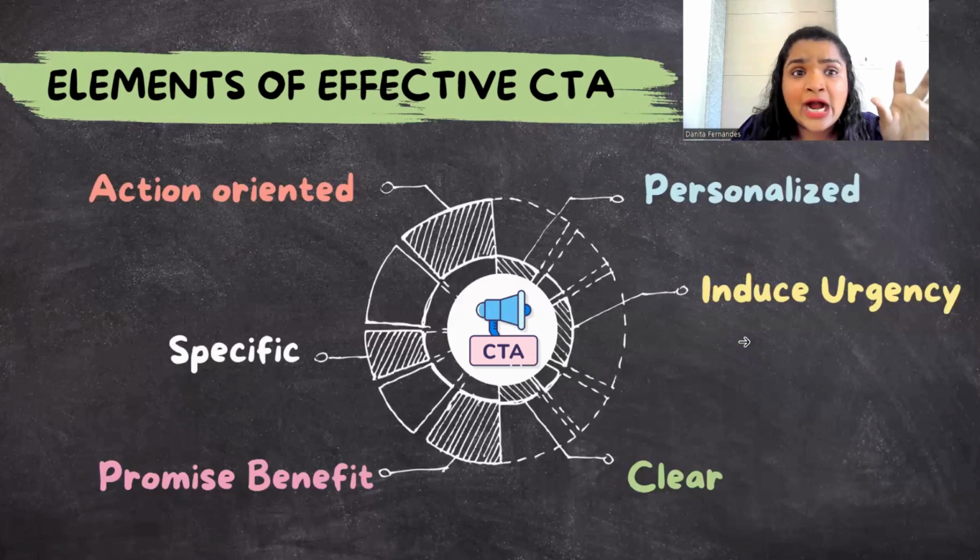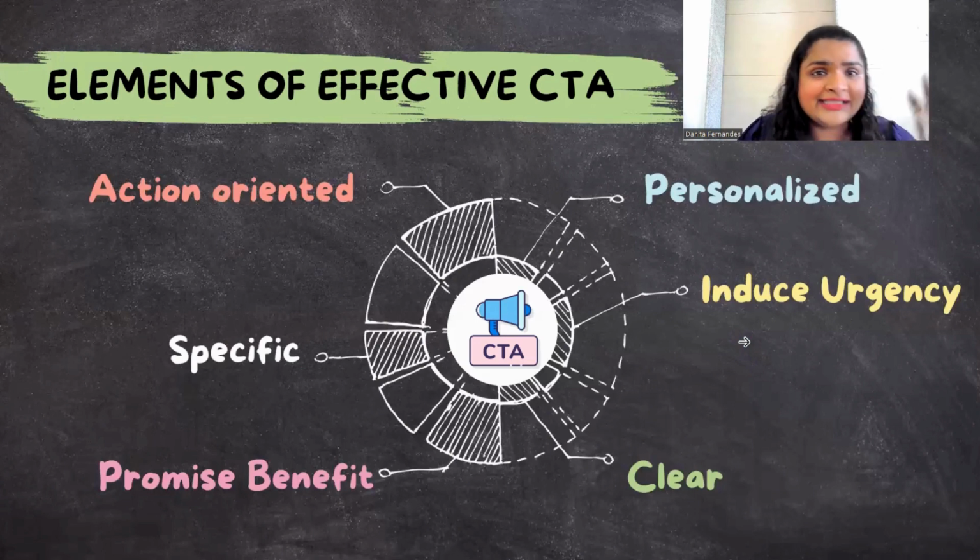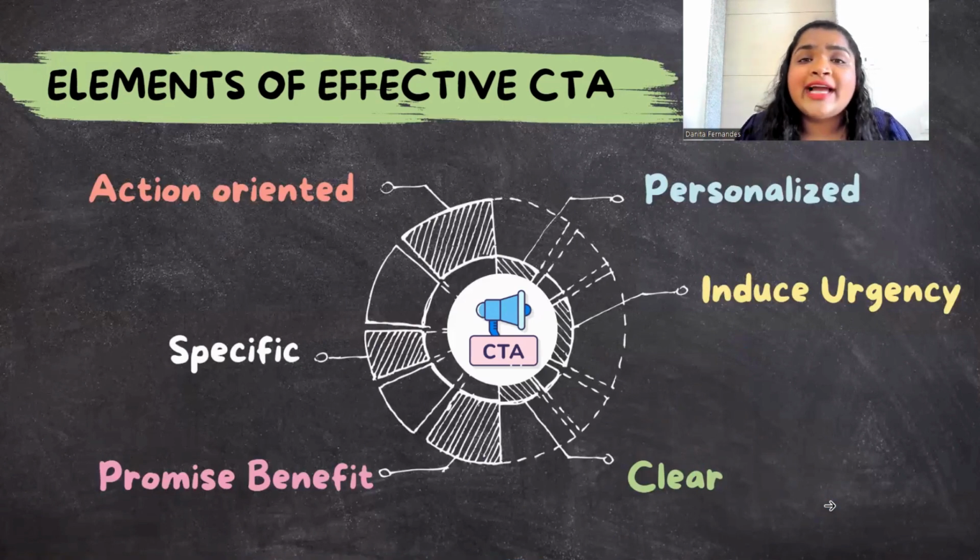Words like now, hurry up, today, last chance. These words induce urgency and tell the reader they have to take action right now. And the final element, your CTA must be clear. After reading your CTA, your reader must know exactly what they are supposed to do.